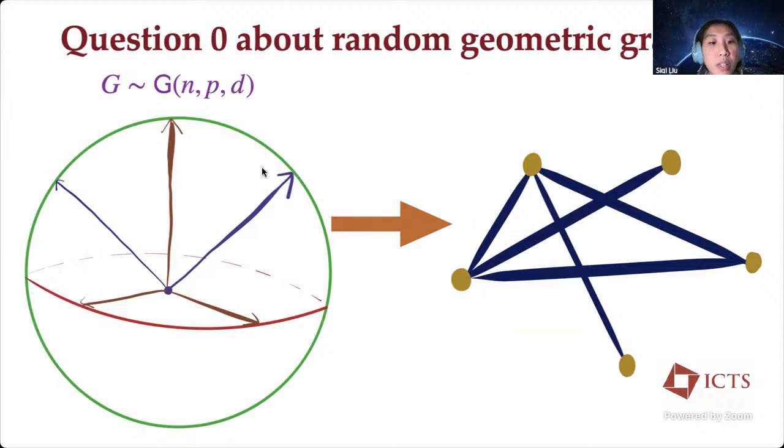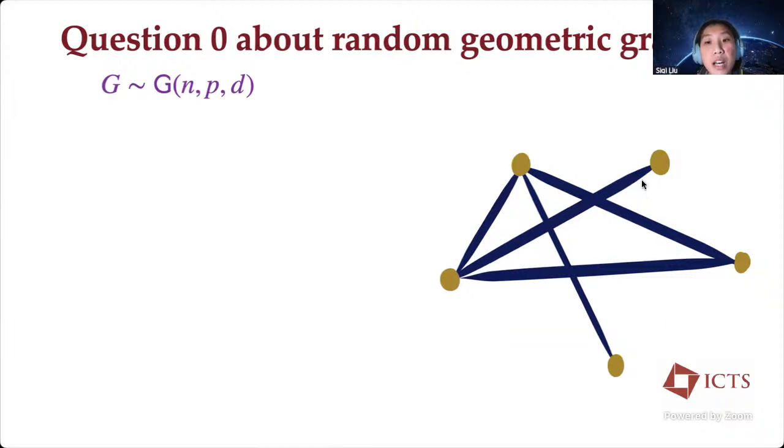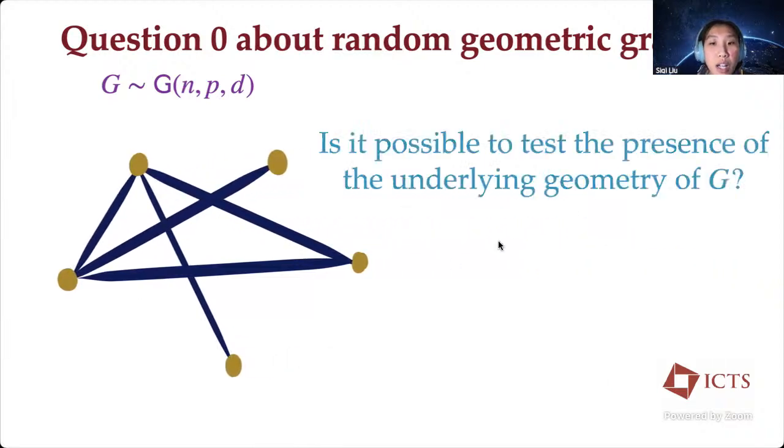Namely, we know that the graph is generated from a unit sphere, but when we forget the information of the vectors, we're only given a graph. Can we still tell that this graph is coming from a unit sphere rather than from some model in which the edges do not have any dependency?